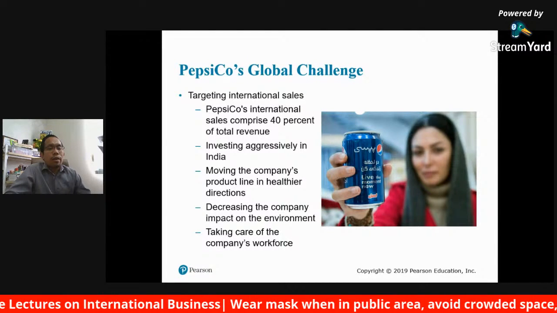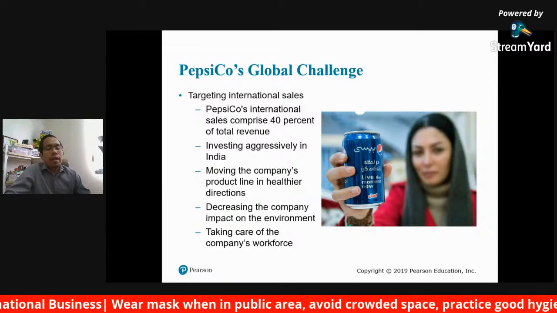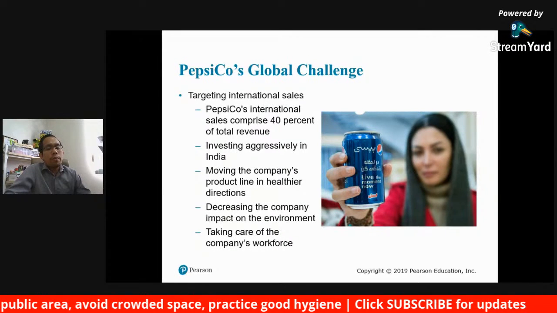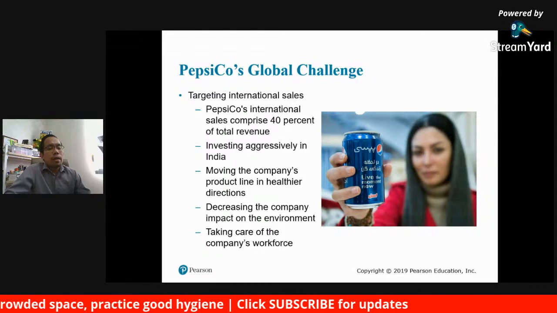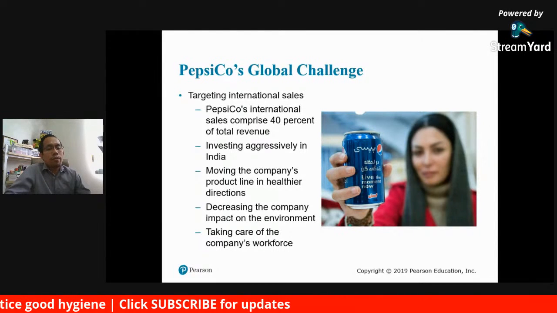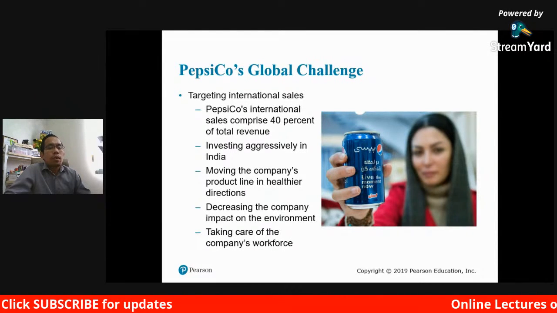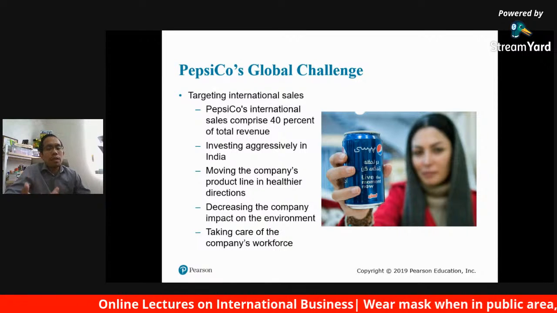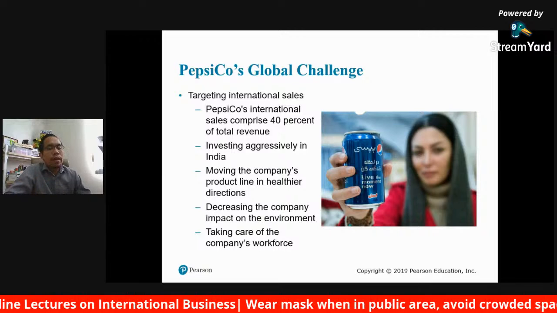In this example, they go into the international market, and most of the sales, around 40%, come from international markets. They invest aggressively in India, as you can see in the picture shown there.